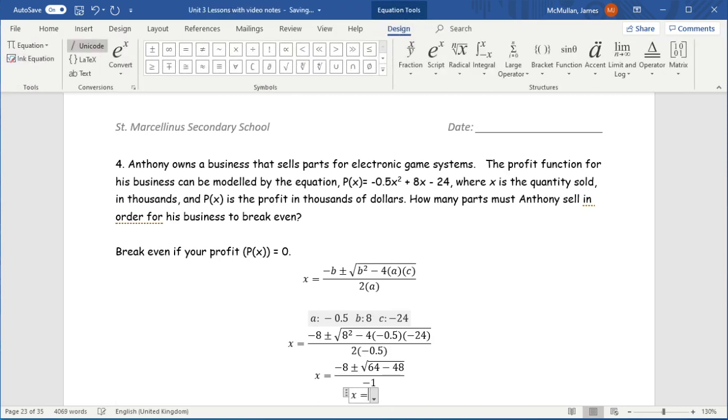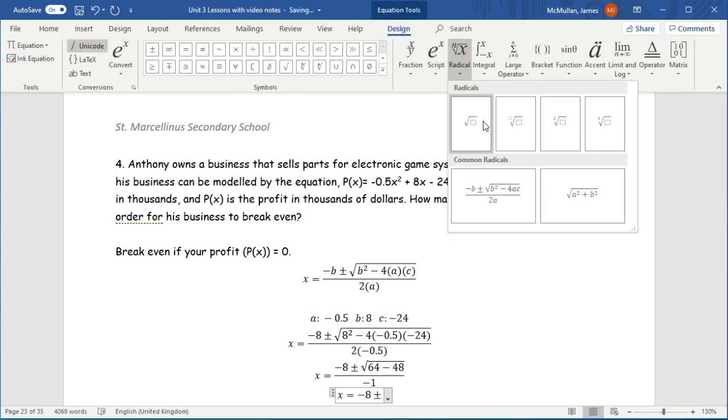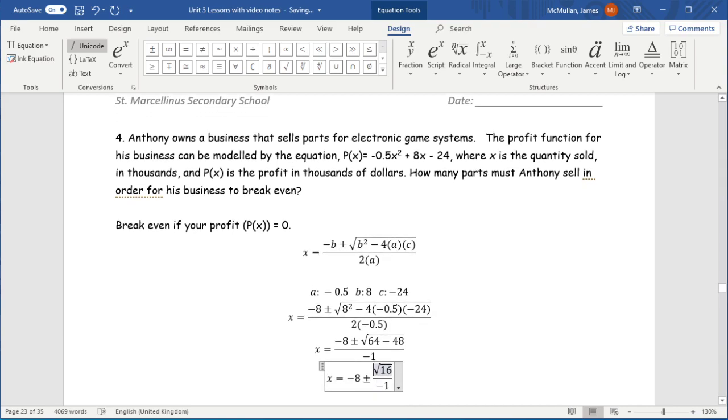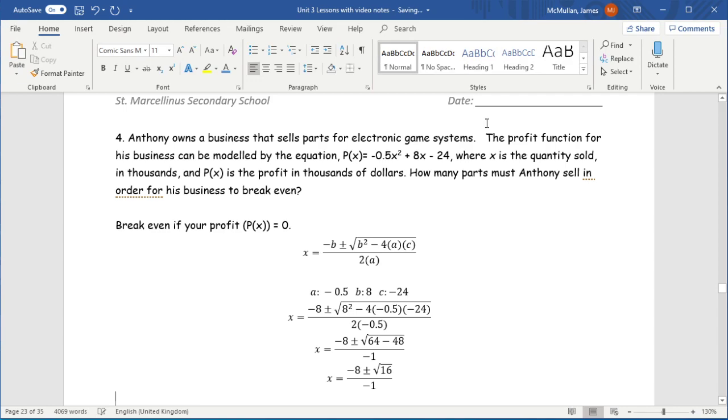So what we get here is x equals negative 8 plus or minus the square root of 16, right? 64 minus 48 is 16. And all of this is being divided by negative 1. Sorry, it's got to be on the top as well. Okay, so again, root 16, we know we can simplify.